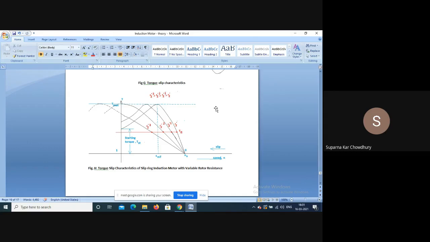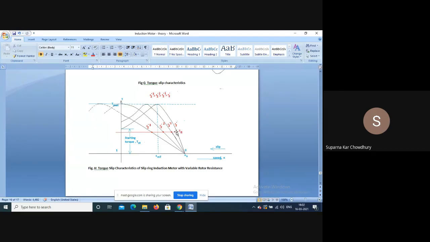Now one advantage is that if this is your load torque, for normal condition, what is the operating speed? The operating speed is where the load characteristic and the motor characteristic intersect. So this is the normal speed.